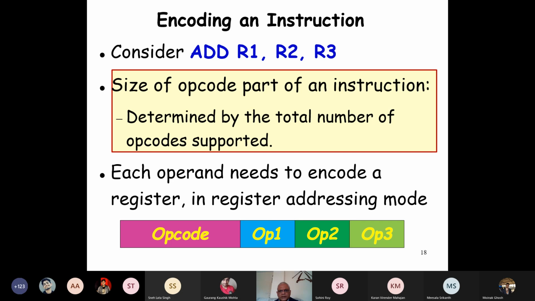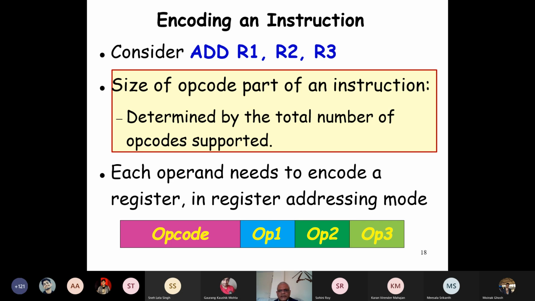We have 40 different types of opcodes. Yes, anybody like to answer? Six. Very good. 6. Because even though 6 bits gives 64, so we still can have more opcodes, but for 40, the minimum number of bits required is 6.